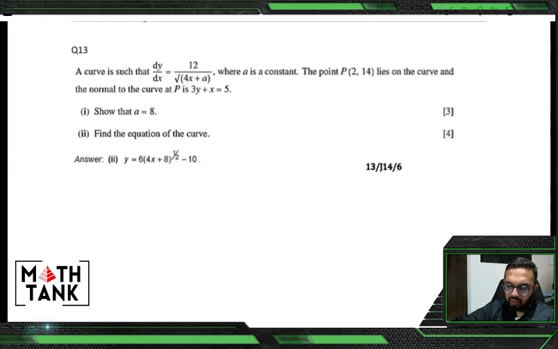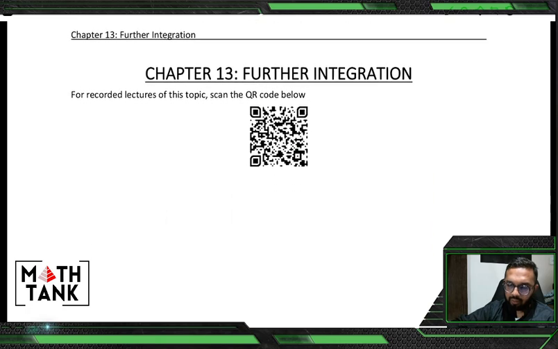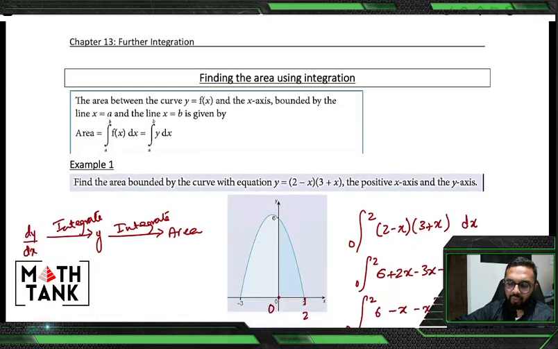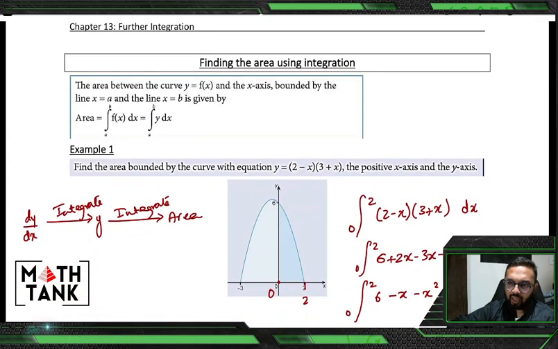That's the first part of integration. The second part of integration is not about just reversing the process of differentiation, but about the applications of integration itself. So what integration tells you is that if you don't really have dy by dx or anything, you can still integrate a particular equation of the curve, and when you integrate the equation of the curve and put limits into it, what you basically end up with is the area between the curve and the axis.